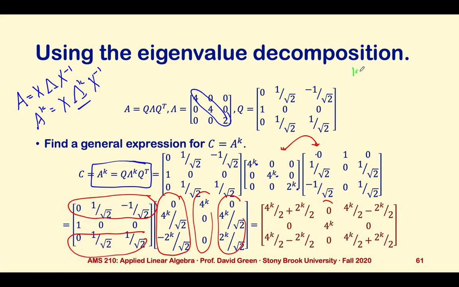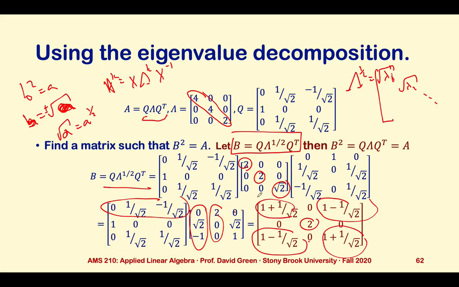If we wrote k equals a half, what is 4 to the half? Square root of 4 is 2. 2 over 2 is 1. Plus square root of 2 over 2. Square root of 2 over 2 is the same as 1 over square root of 2.